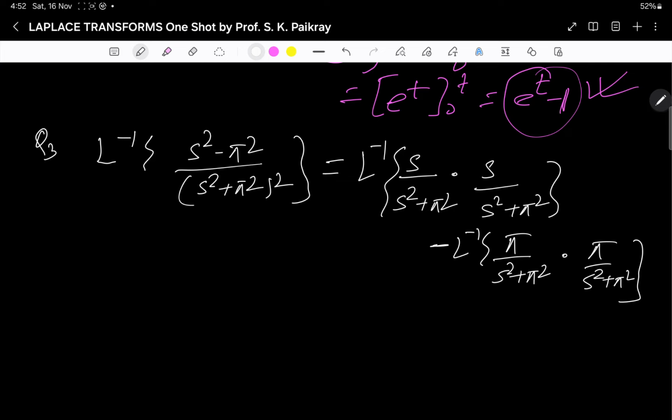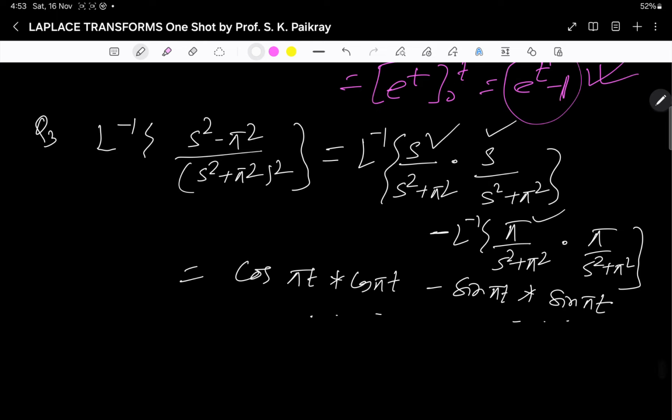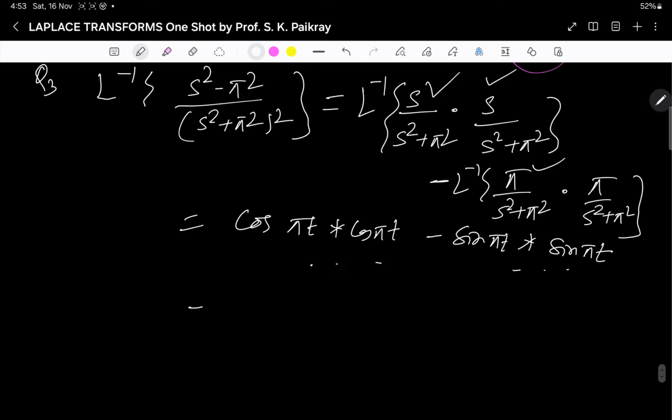So I apply the convolution here. This is equal to cos pi t convolution cos pi t minus sin pi t convolution sin pi t. Now I know the formula, so I directly apply it.